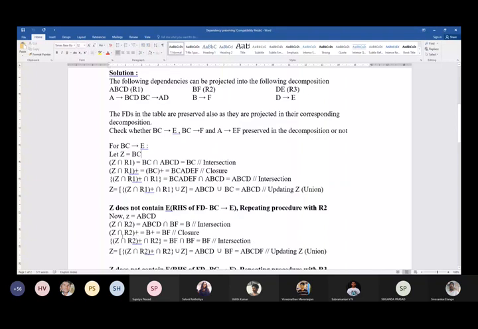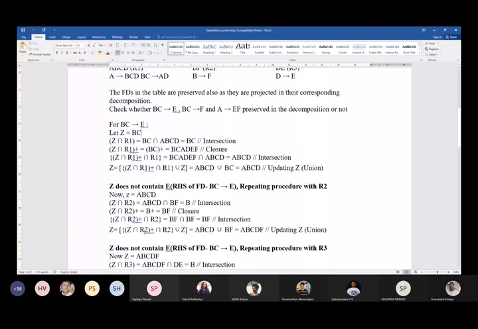And Z intersection R2 closure intersection R2 union Z is going to be ABCD union BF. So you get the attributes ABCDF. So you can prove that BC determines F is part of this.